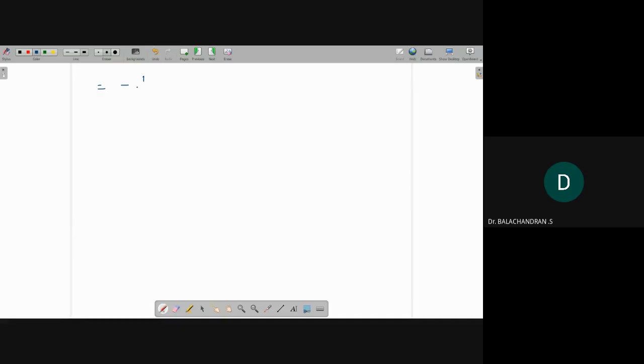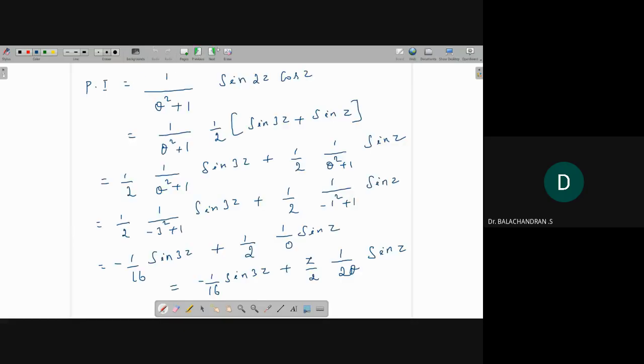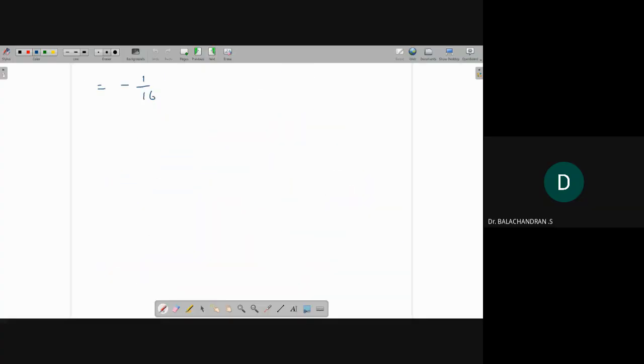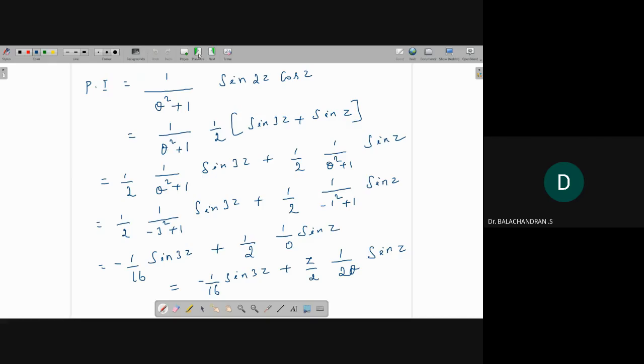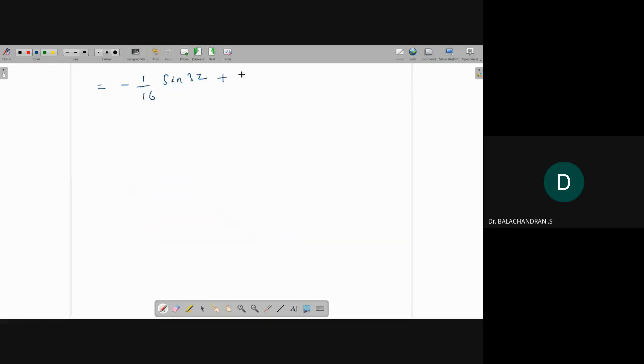So minus 1 by 16 sine 3z plus z by 4, 1 by theta of sine z. That is, if you integrate sine z, you will get minus cos z.